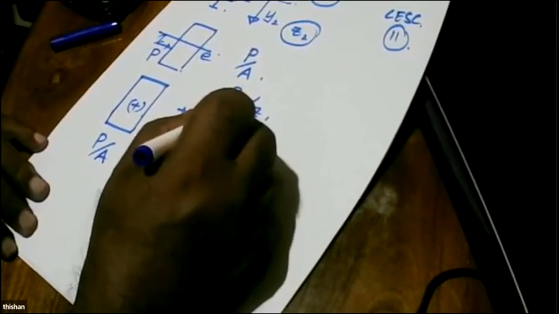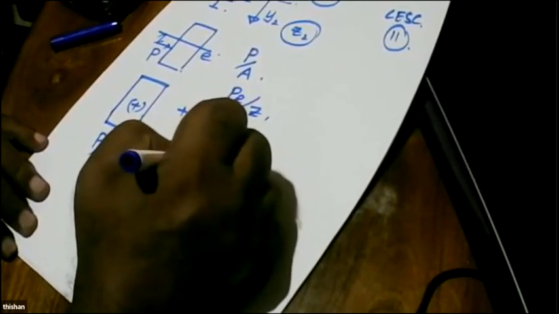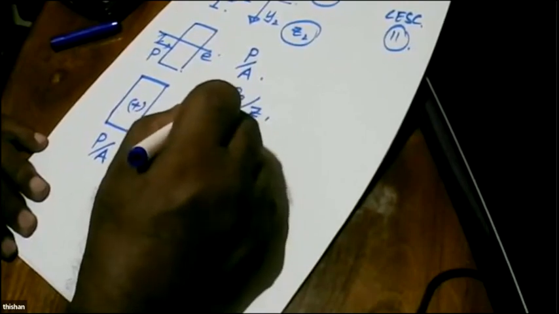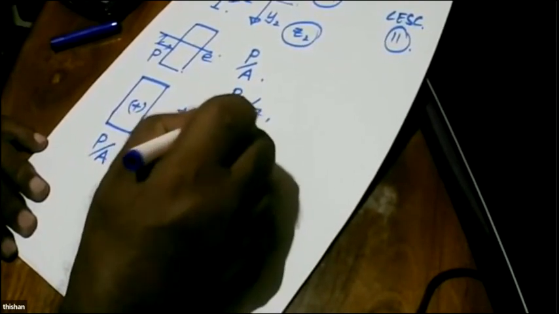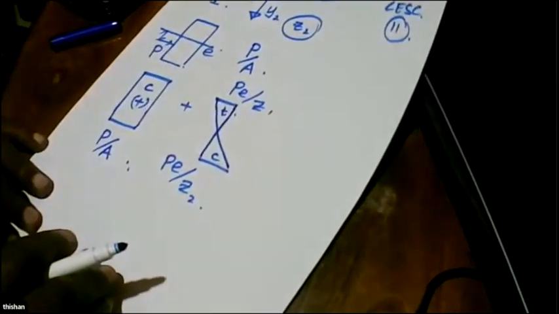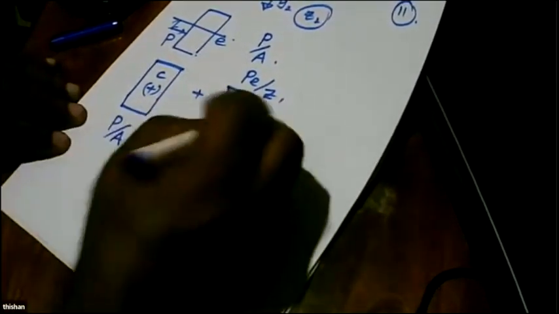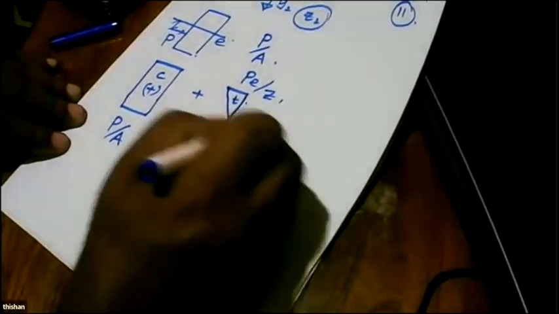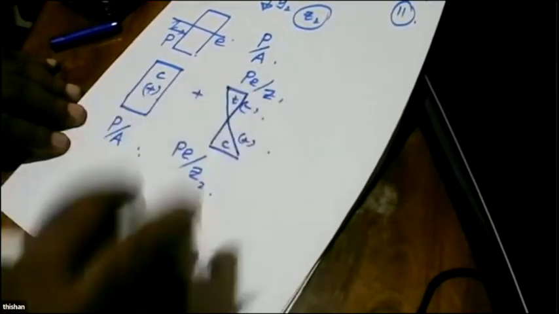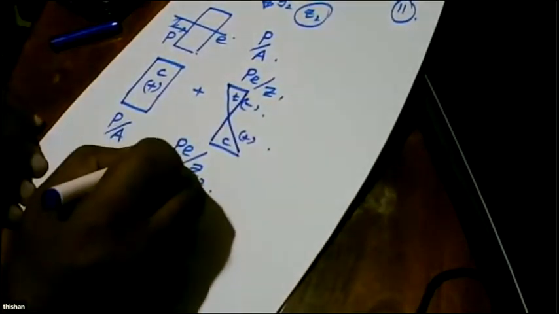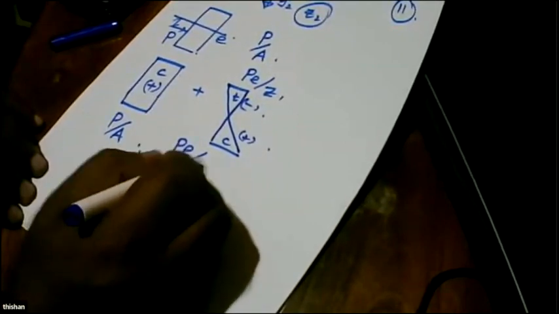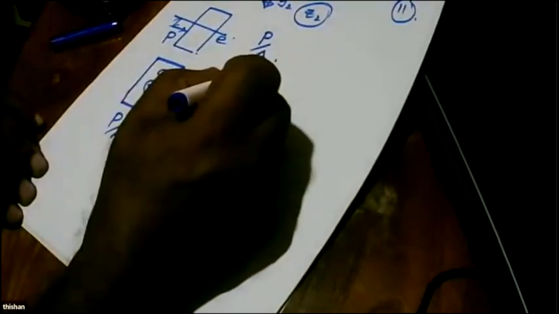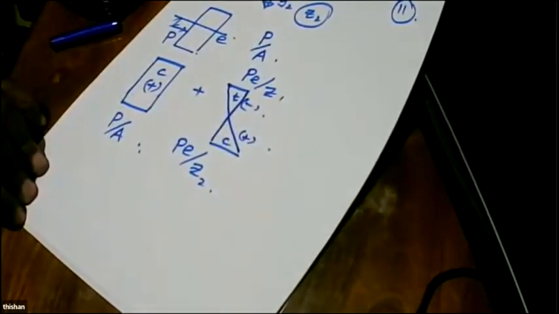So here it goes into tension. This side tension, this side compression. So this is positive, this is negative. If you look at PE over Z2, Z is positive, so you get a positive. If you look at PE over Z1, it is negative, you get a negative answer.